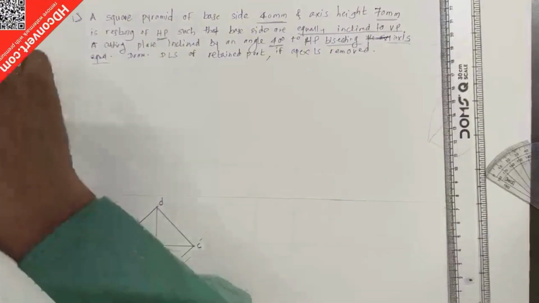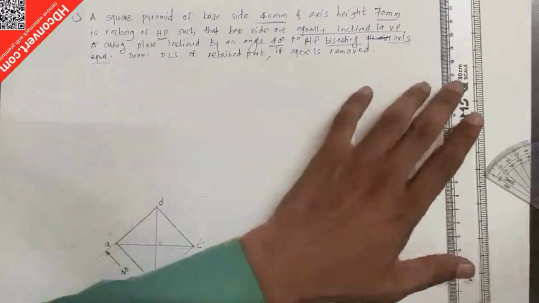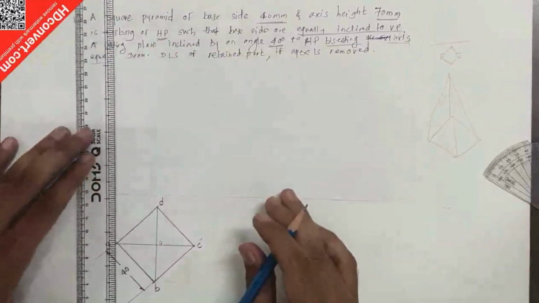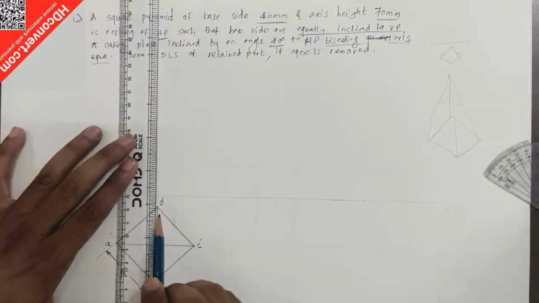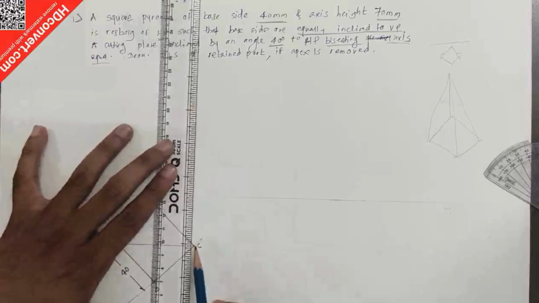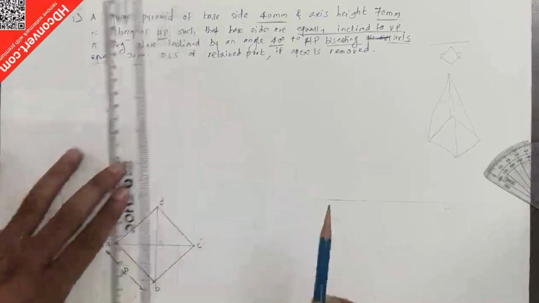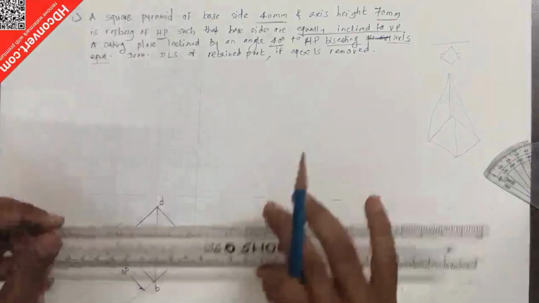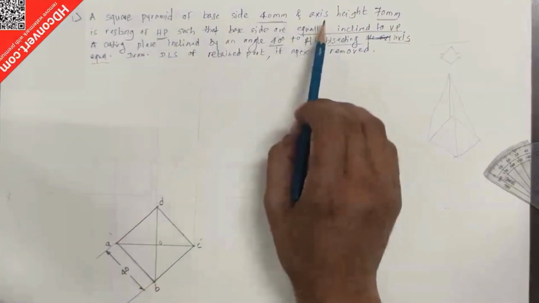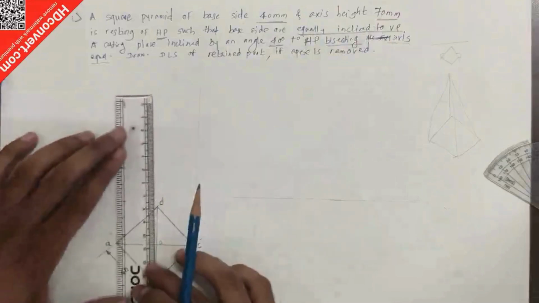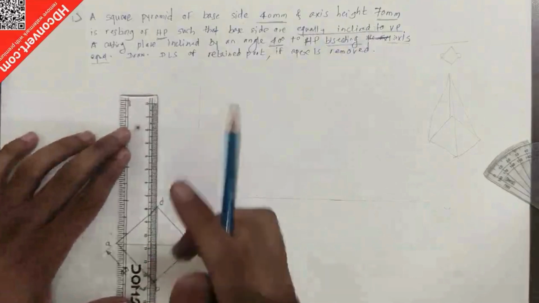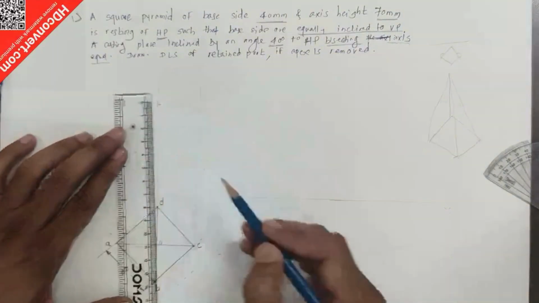Now for drawing the front view, I'll go for the projections from each point, and then mention the distance. So what is the distance given? See here, the axis height is 70 mm. So I'll put 70 mm over here, like this.